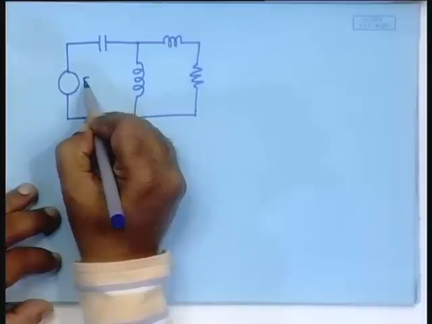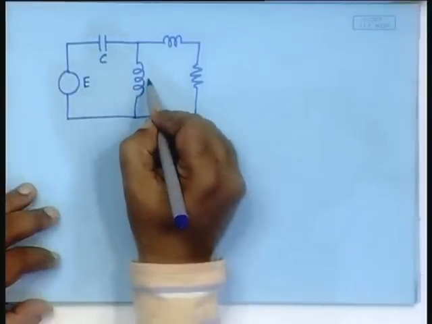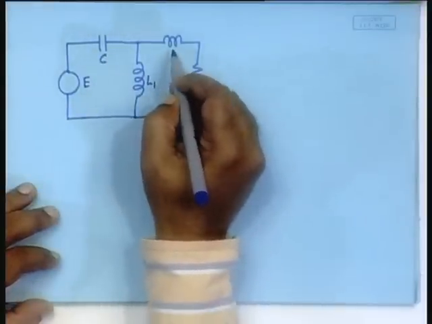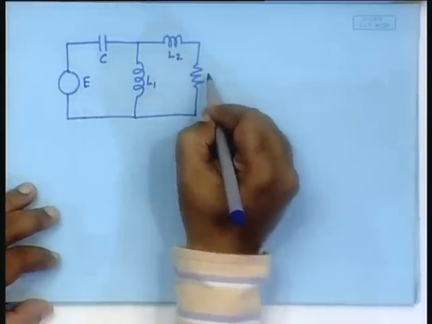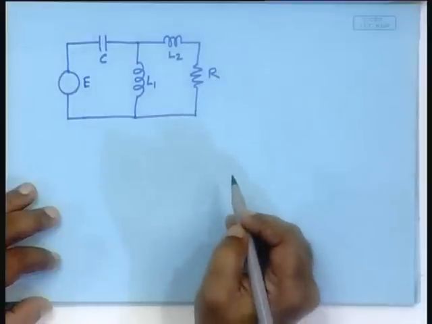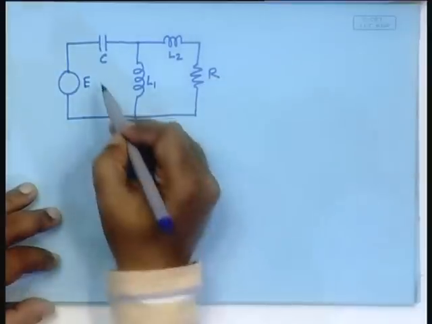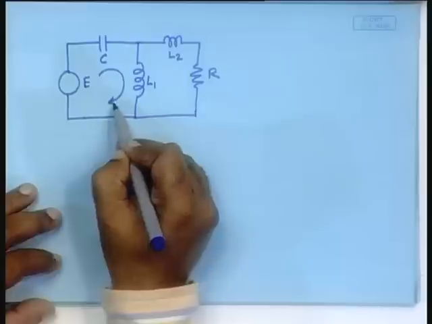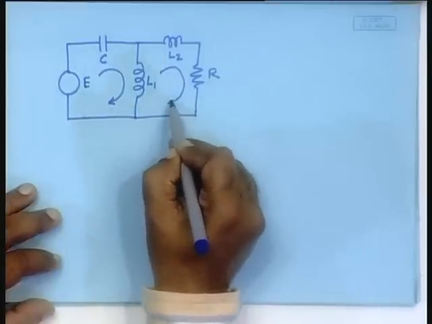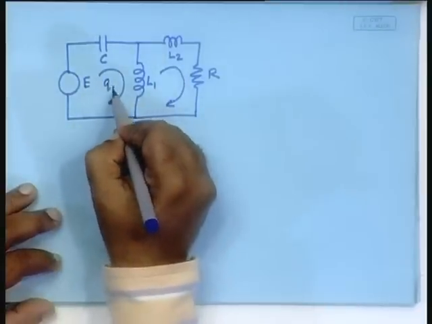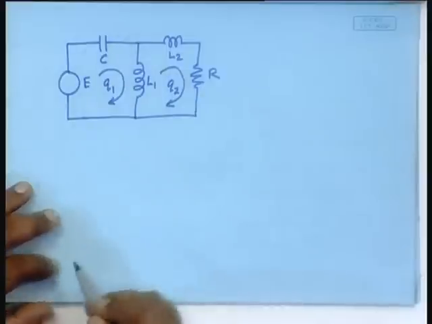Okay, so here is E, here is C, L1, L2 and R. How will we go about it? First, we will define the charges flowing in the loops, which are q1 and q2. These are the position coordinates.